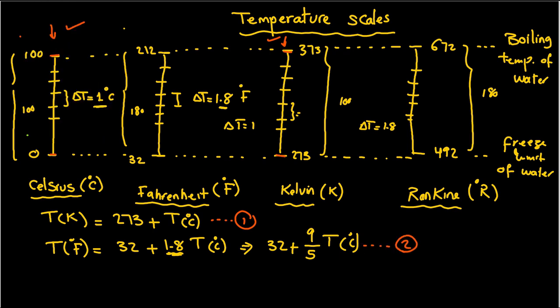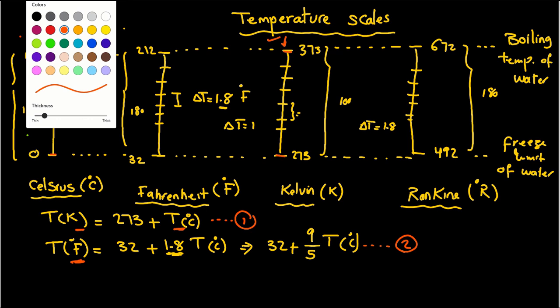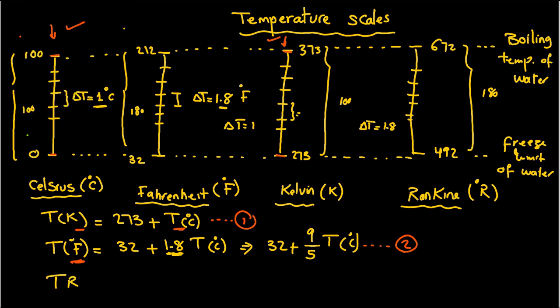If you would like to make a relationship between the Celsius or the Fahrenheit and Kelvin scale, you simply combine these two equations together. But it's very uncommon to do that. The last one is the Rankine scale, and you will find easily that the temperature on the Rankine scale, T Rankine, is simply equal to 460 plus T on the Fahrenheit scale.